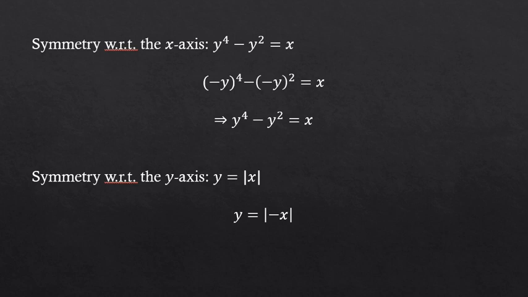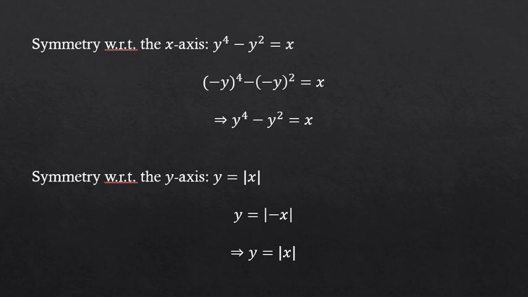The absolute value is really just the distance that a number is from the number 0, and the number x and its additive inverse, or its opposite number minus x, are the same distance from 0. So the absolute value of minus x is equal to the absolute value of x, and thus we come to the same equation as what we had.